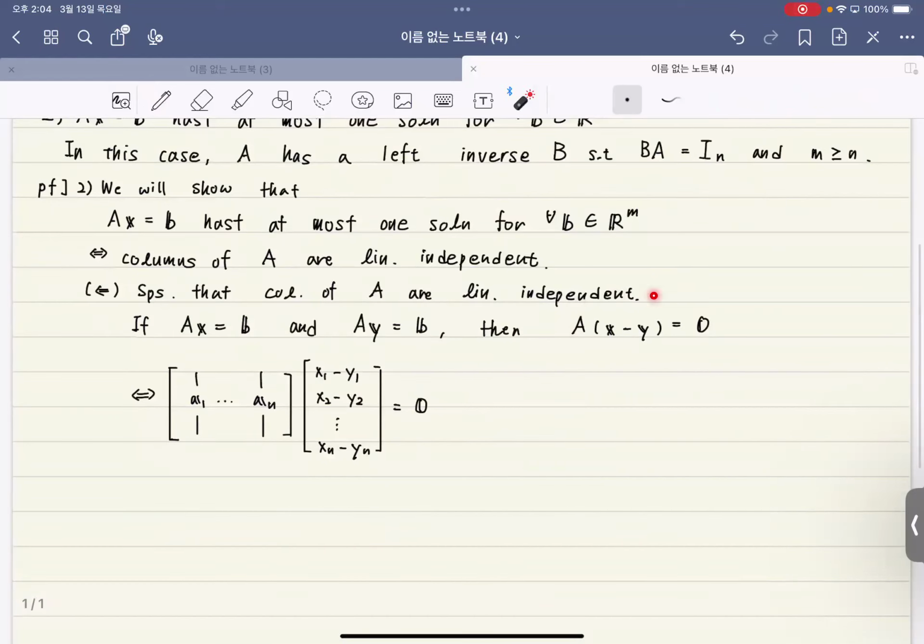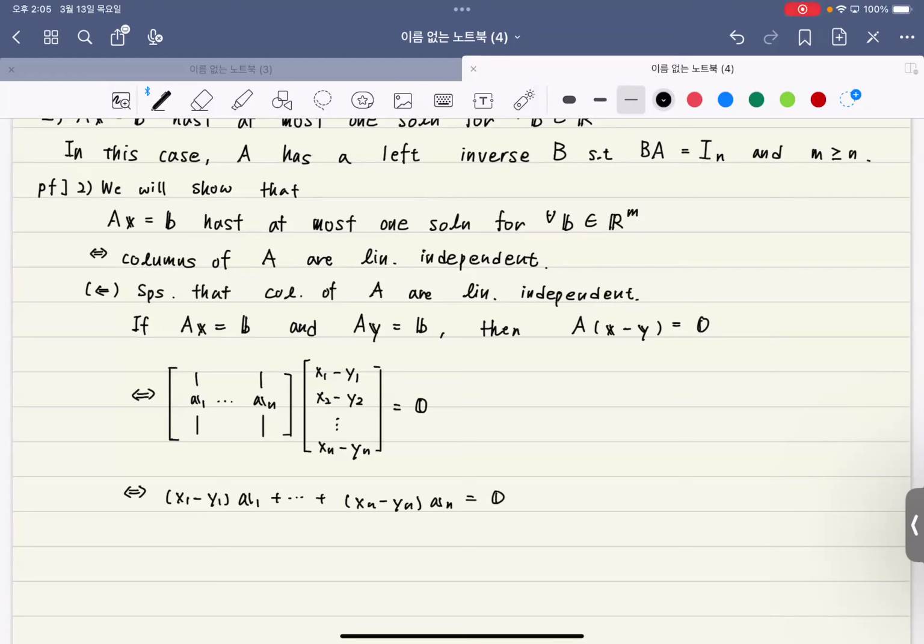So this equation is, as always, (x1 minus y1) times column vector a1, plus and so on, plus (xn minus yn) times an, equals 0. Okay, so I'm done.